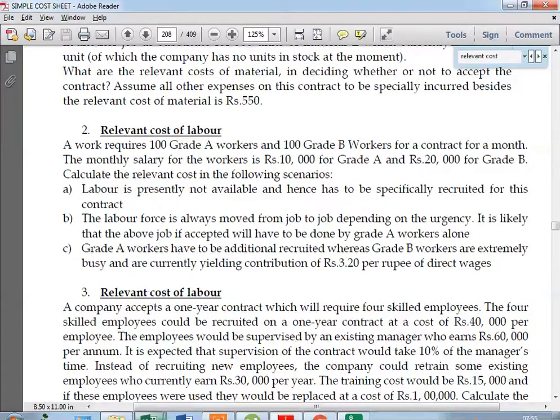Any doubts on this? Full stop. The relevant cost in this case is lost contribution plus wages payable.